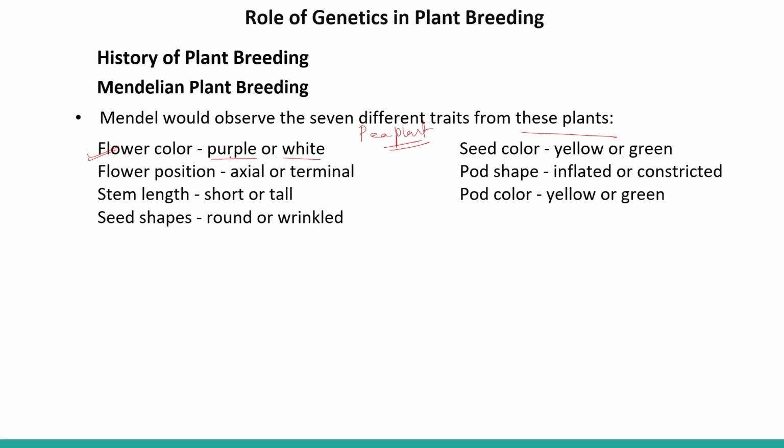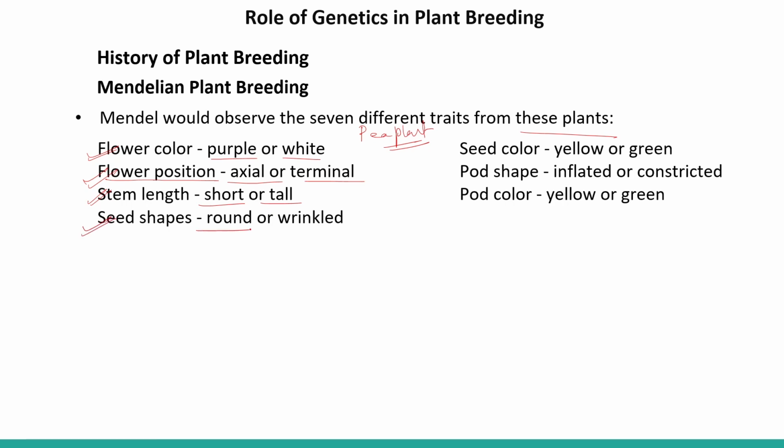Flower position: what is the position of the flower on the floral axis? That is axial or terminal. He also took stem length into account for the hybridization process, short and tall. So he chose the tall pea plant and the short pea plant.